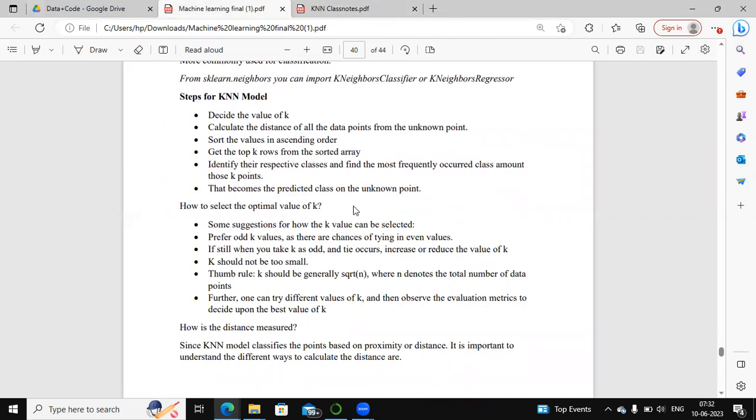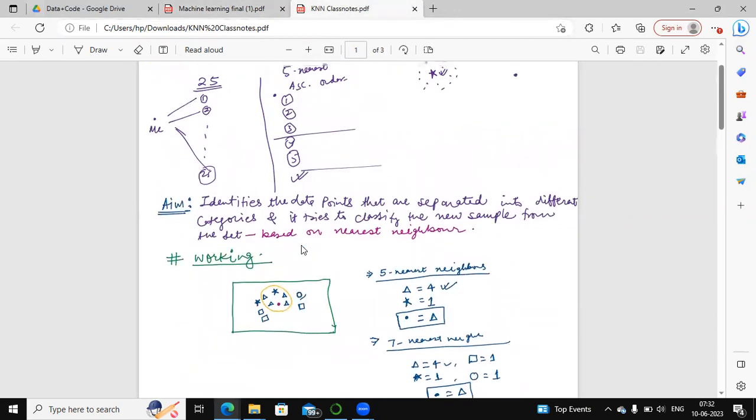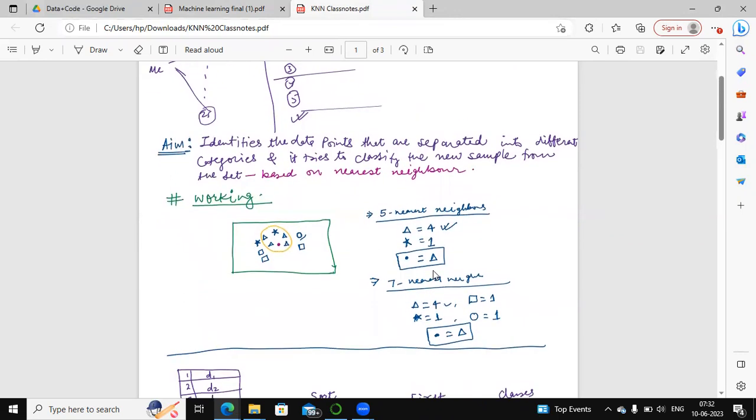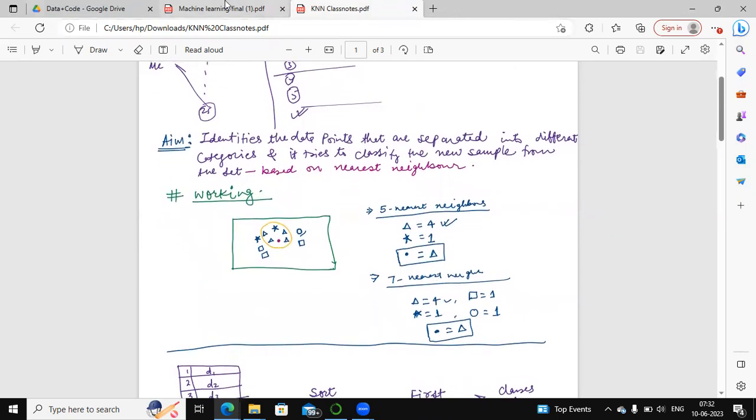How to select the optimal value of k? We have taken 5 here, and yet we have taken 7. So how are you going to choose the k value?